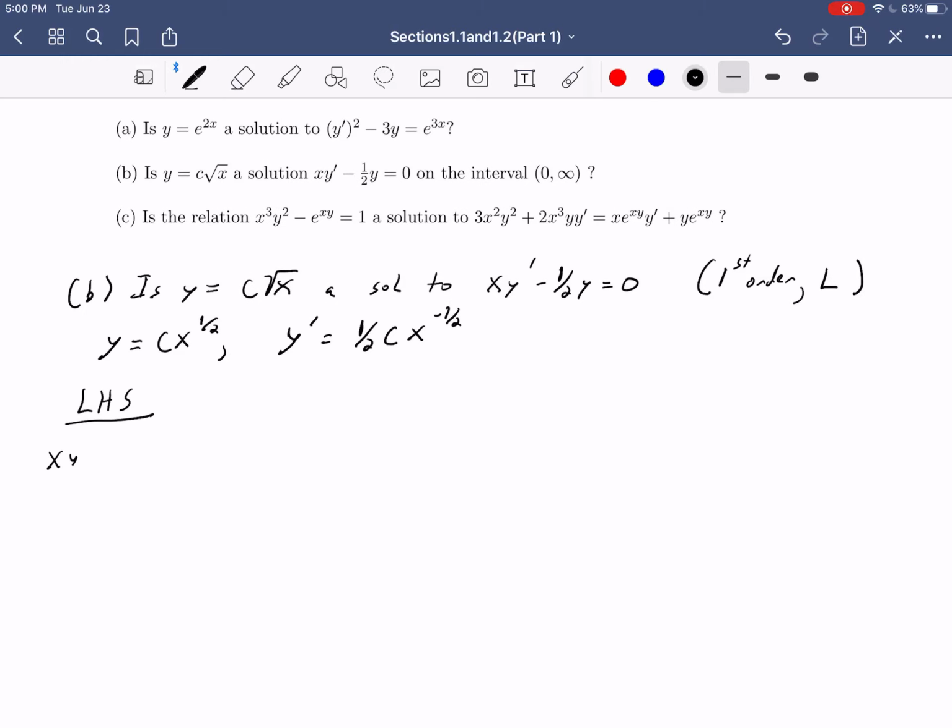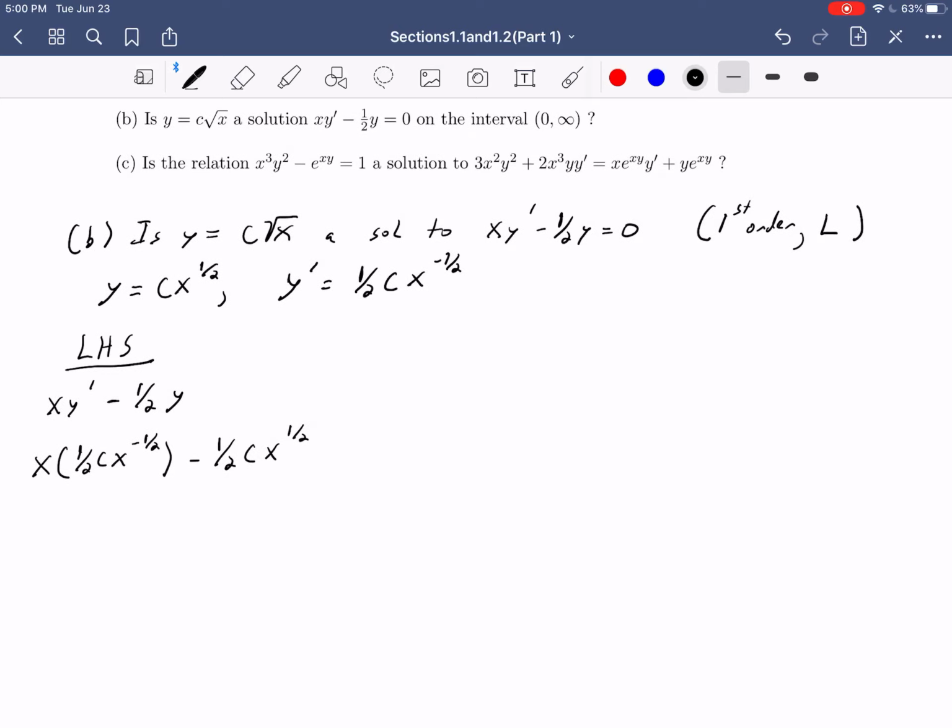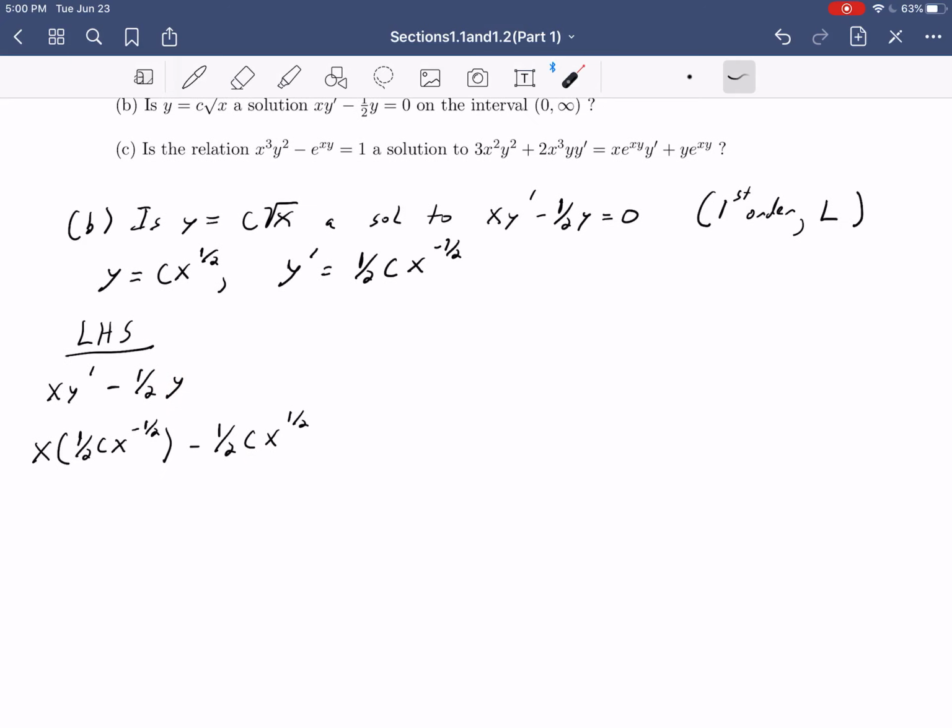Left-hand side is initially xy prime minus 1/2 y, which we could replace as x times 1/2 cx to the negative 1/2, and then minus 1/2 cx to the 1/2, just by replacing the y prime with what we found for y prime, and for y, what we were given for y. We can do a little bit of simplification. That's 1/2 cx to the 1/2 minus 1/2 cx to the 1/2, and that simplifies to 0.